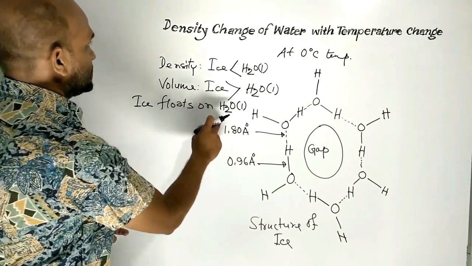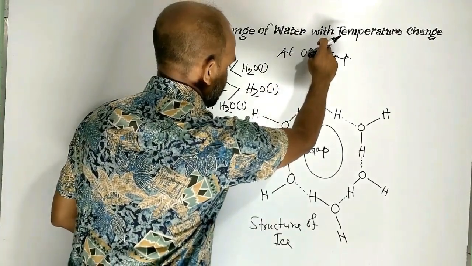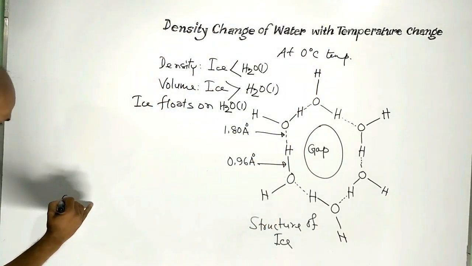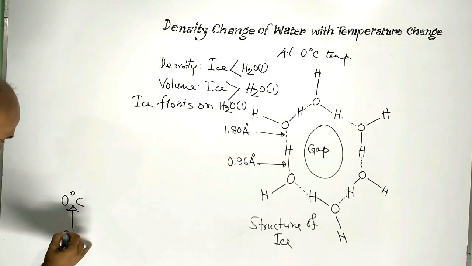Now let us see density change of water with the temperature change. This is the structure at 0 degrees Celsius. So this is temperature.